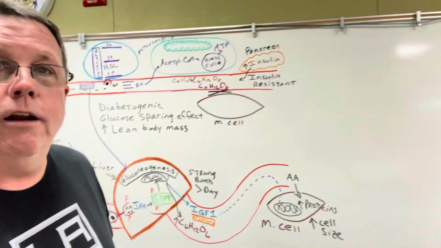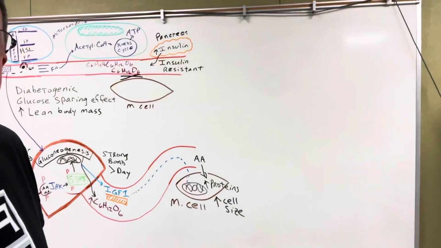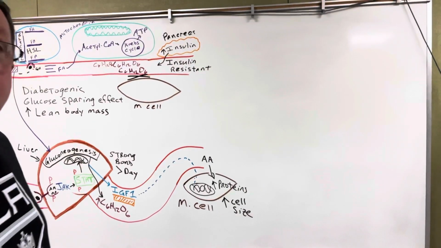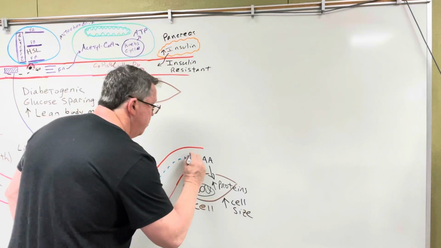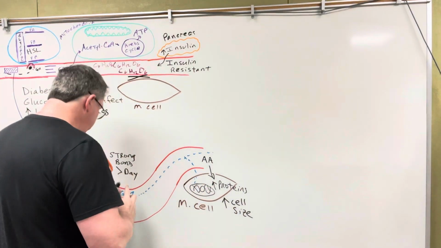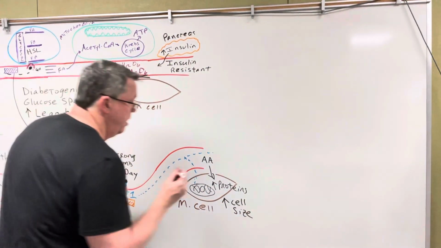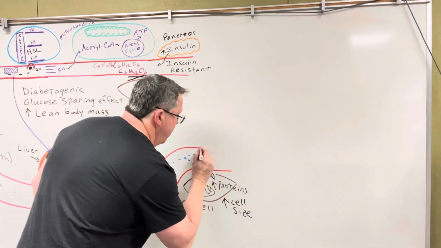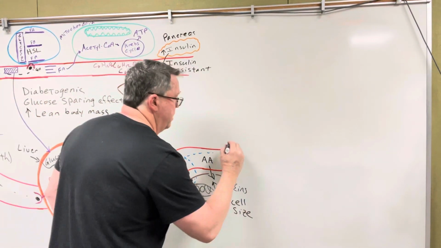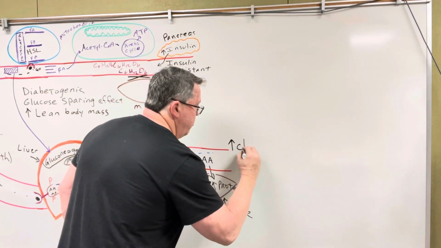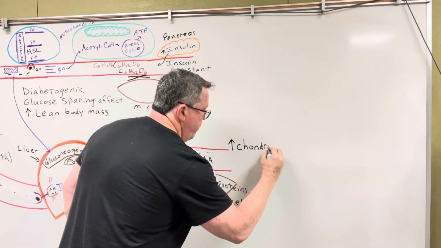Let's look at one more thing that growth hormone can do. So if we come over here, if I put this down right here, this insulin-like growth factor can also go and it's going to cause an increase in a few things here. It's going to cause an increase in chondrocytes, right?